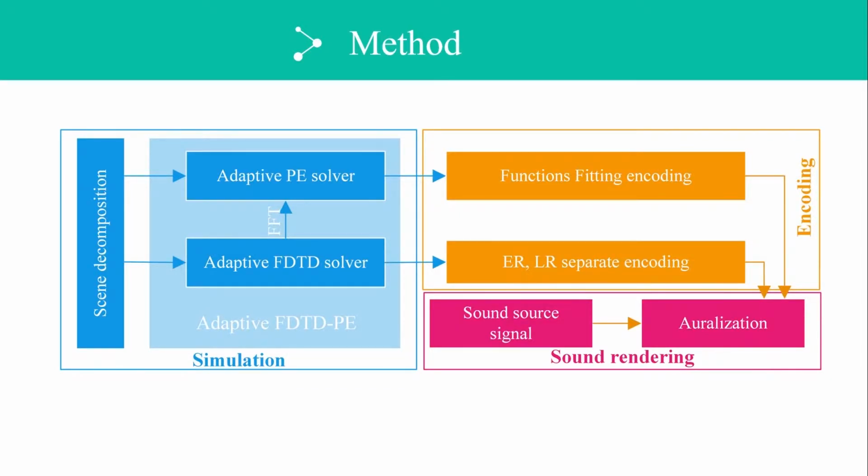In the encoding stage, we specially designed an encoder to process the sound pressure data of outdoor sound propagation, which can greatly reduce the memory of sound pressure data and simulate outdoor sound propagation more accurately.